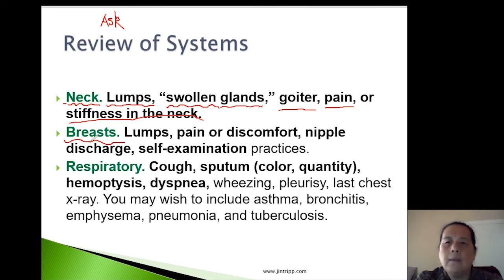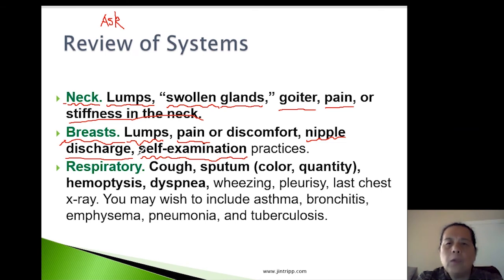Ask questions about the breast, especially for females. They may have some trouble in the breast tissue, like some lumps there, or maybe some pain, and possibly some nipple discharge. Ask the patient if they do self-examination.